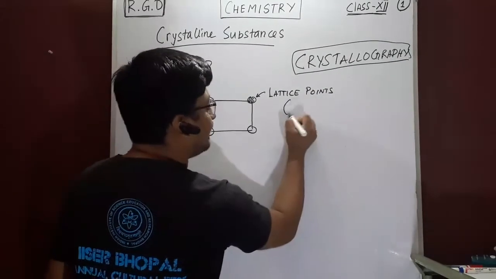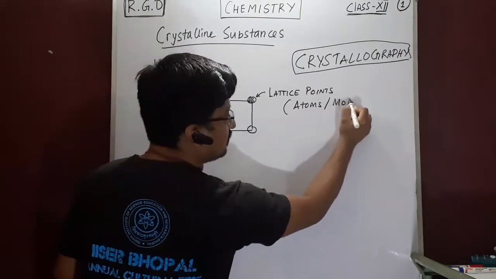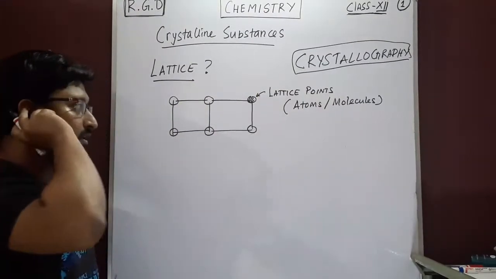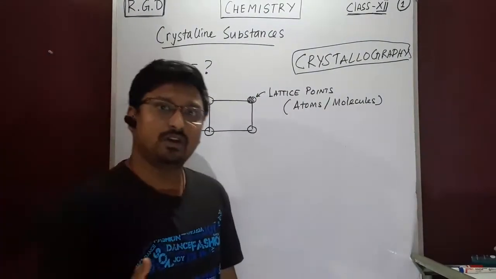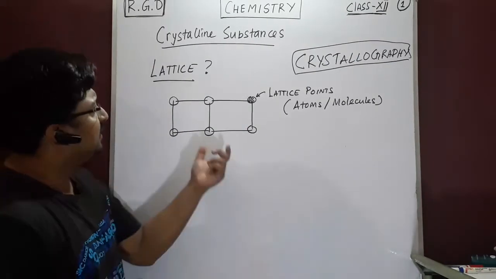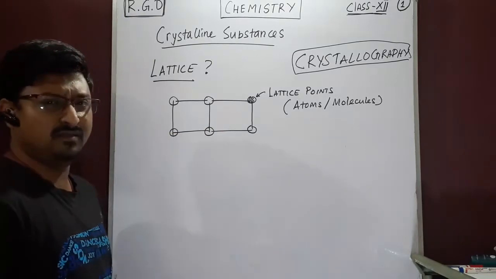These lattice points can be atoms or molecules, depending on the crystal. Clear? Now, this is a two-dimensional representation.